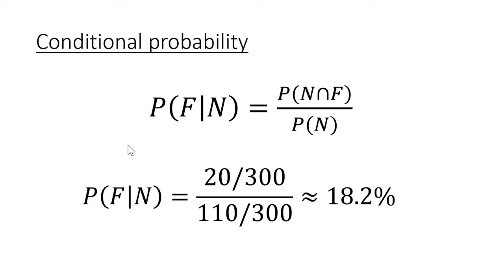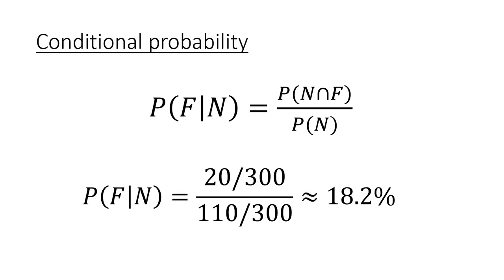However, now we have to divide by the probability that randomly picked person is a nurse. And you can recall that this is 110 over 300 because out of 300 of personnel, 110 people are nurses.